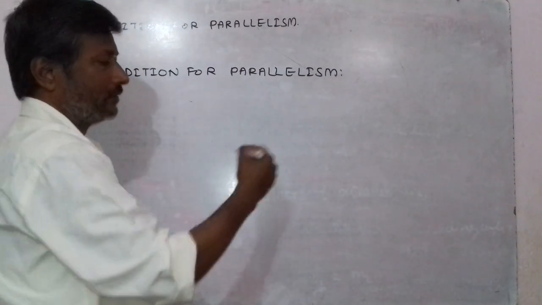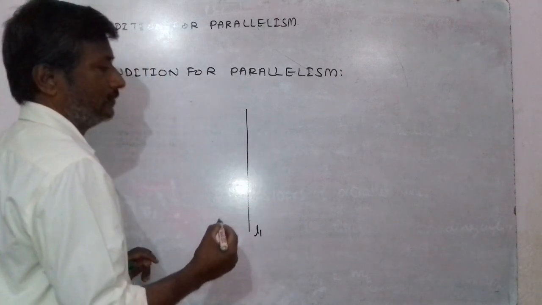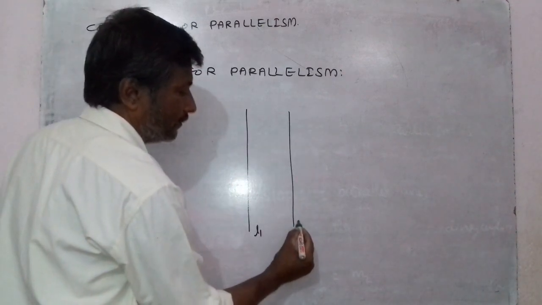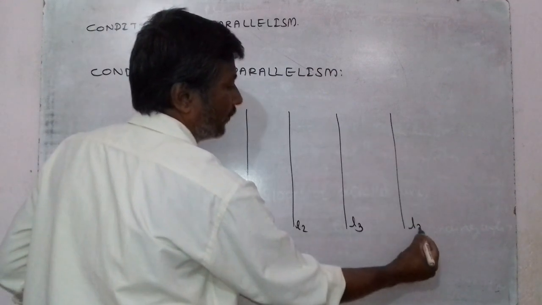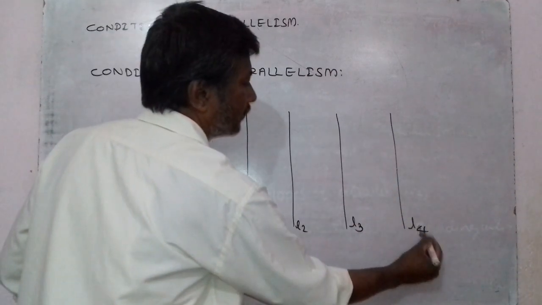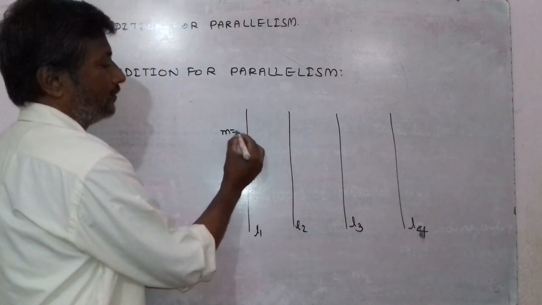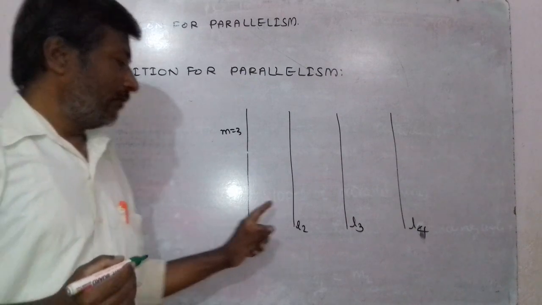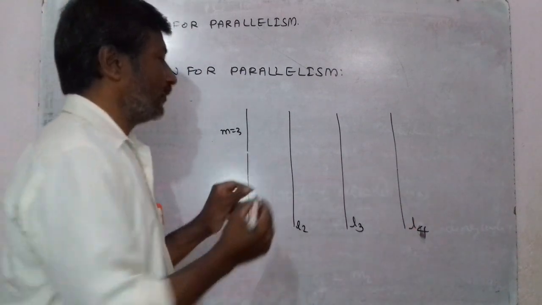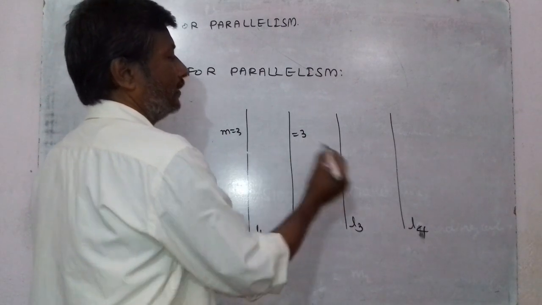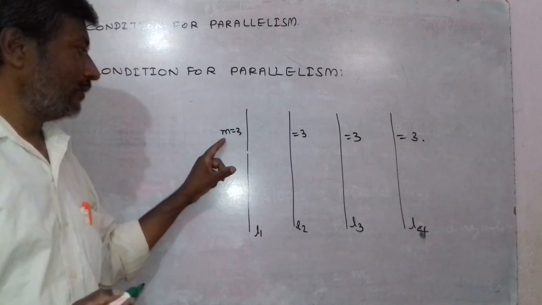So observe this example. So this is L1, this is L2, this is L3, this is L4. If slope of this line is 3, and if these are parallel lines, then slope of L2 equal to 3, this equal to 3, this equal to 3.